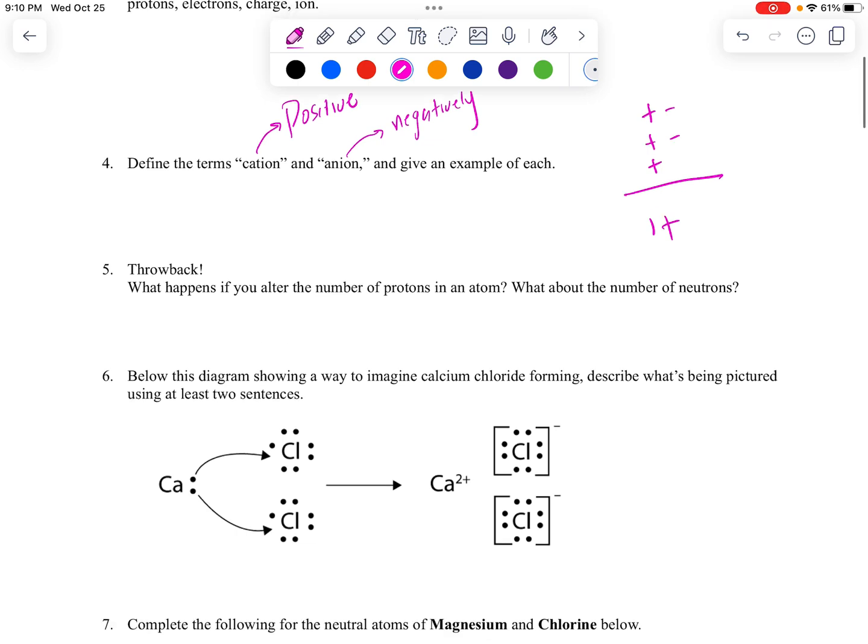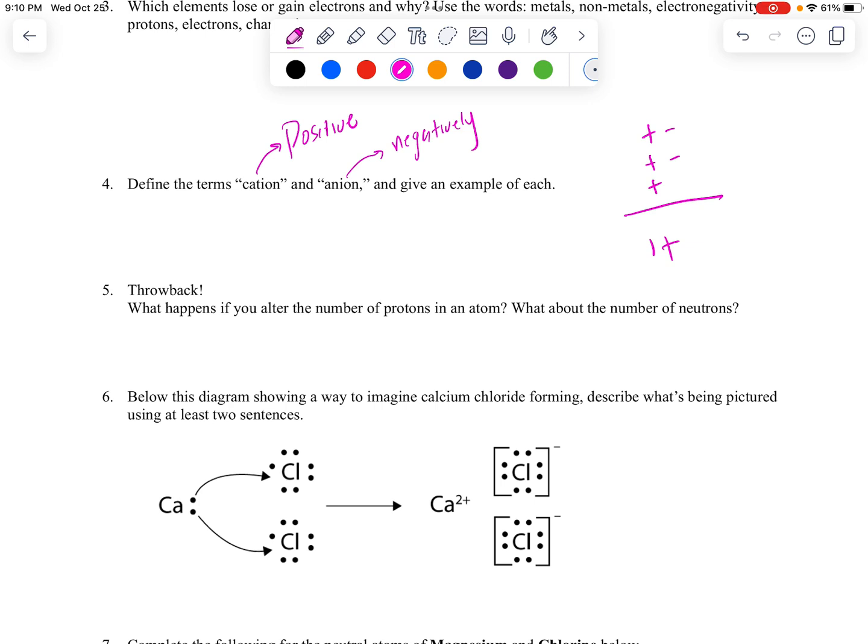Okay, so to give an example of each, calcium has 2 valence electrons. When it loses 2 electrons, it becomes calcium 2+. That's an example of a cation, calcium cation. Let's do fluorine. Fluorine has 7 valence electrons, right? It's in group 7.